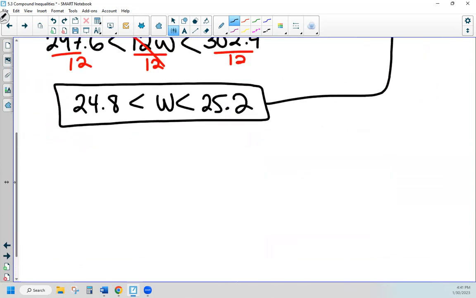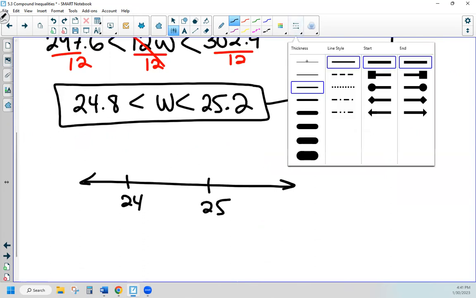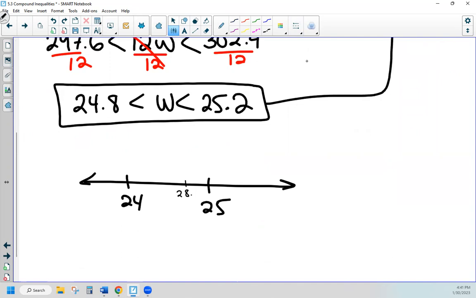So let's now turn this into a graph where I'm going to go ahead and put 24 right here. I'll put 25 right here. This is just to help myself out. 24.8 is located right there, and 25.2 is located right there.